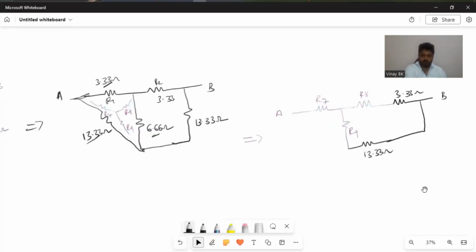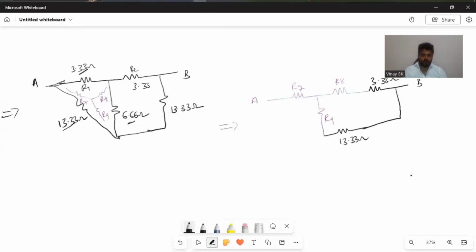So now how will we write R7? R7, this point R7 is given by adjacent values of resistors, 3.33 and 13.33.